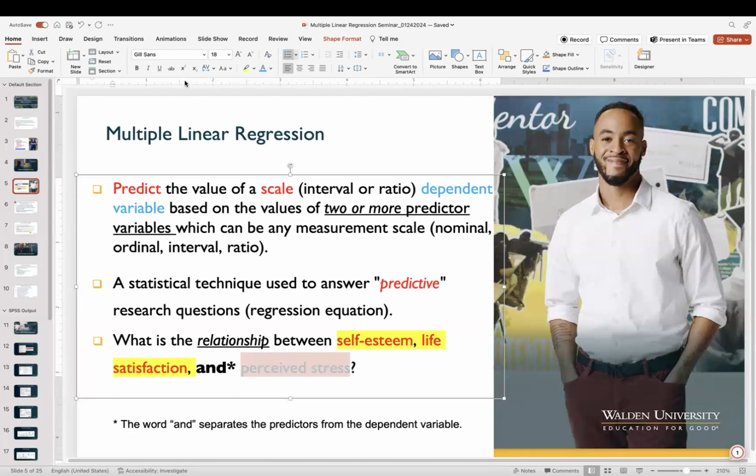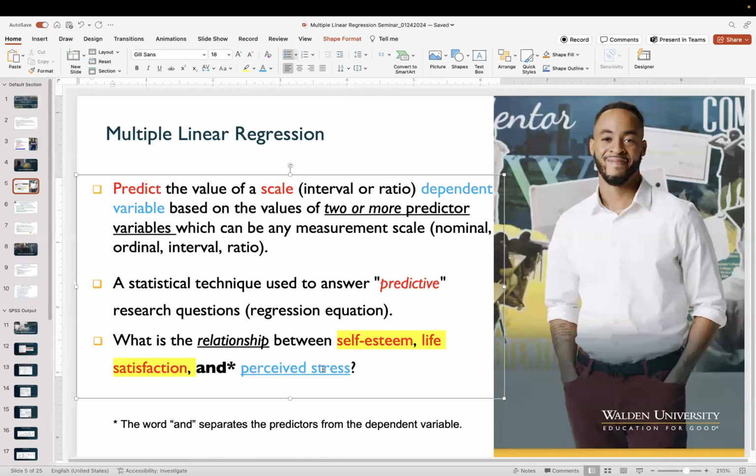So you are trying to predict perceived stress in this example from one's level of self-esteem and their life satisfaction. So obviously you would be collecting this data and you would be getting a self-esteem score, a life satisfaction score, and a perceived stress score for each individual.